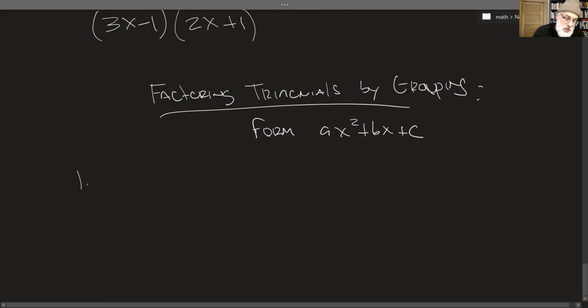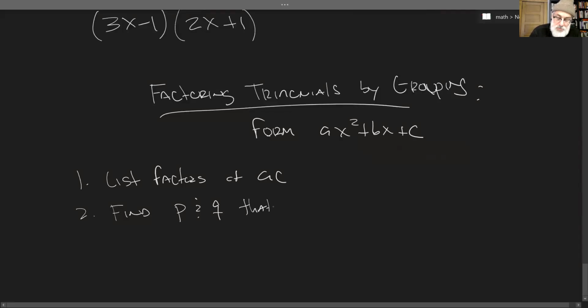So the first thing we did was we listed the factors of AC. Next, we found, we'll call it P and Q, that are factors of AC.